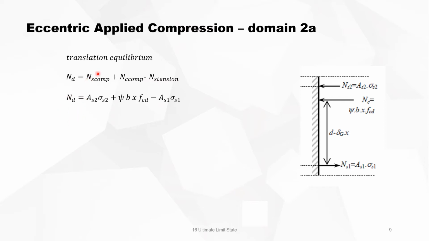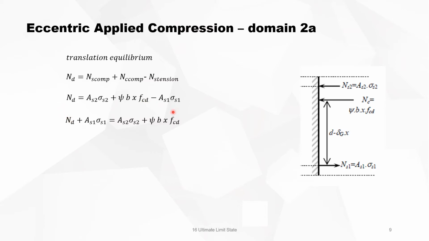Then the compression force in the reinforcement is just the area of reinforcement times its stress. The compression component in the concrete is just the filling coefficient times the width times the depth of the neutral axis times FCD, and then the tension force in the reinforcement is the area times the stress.